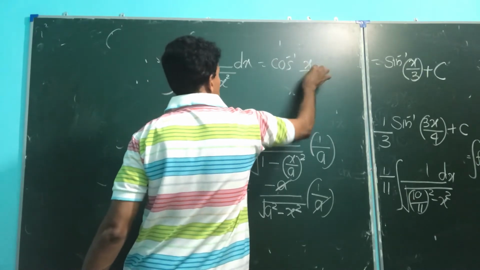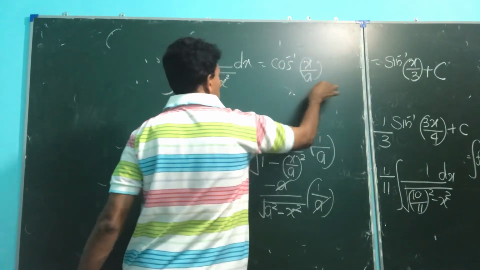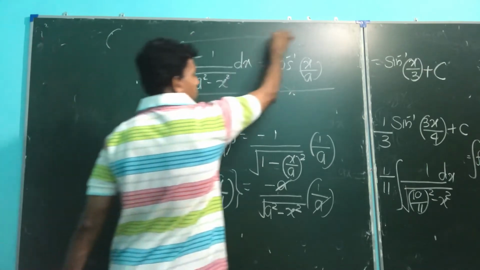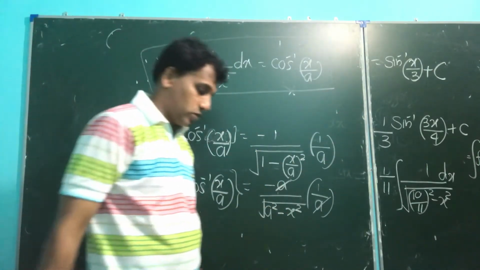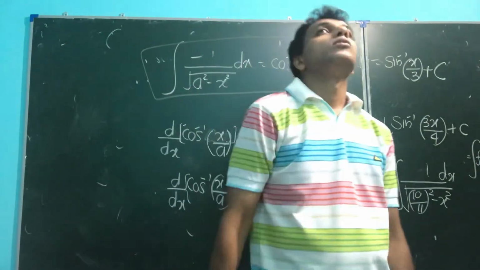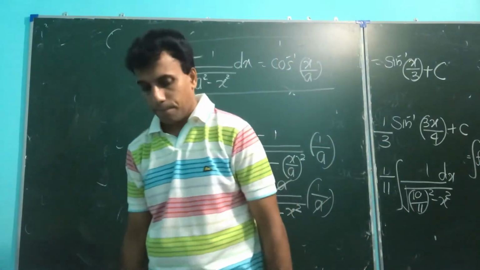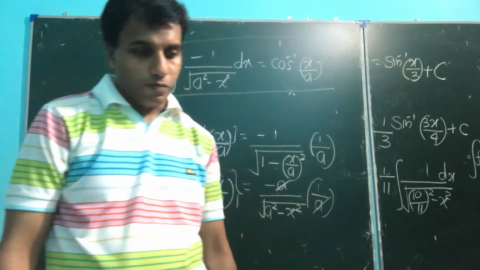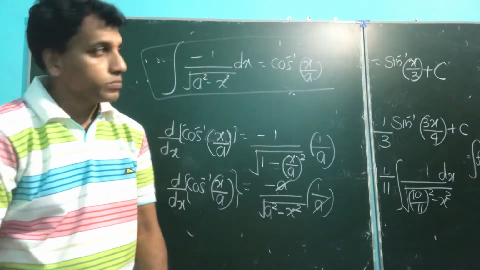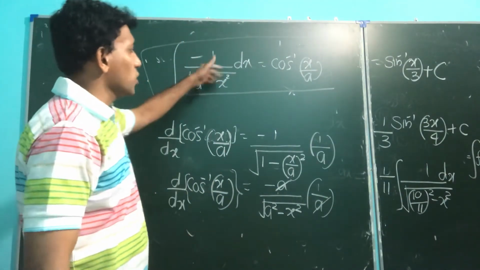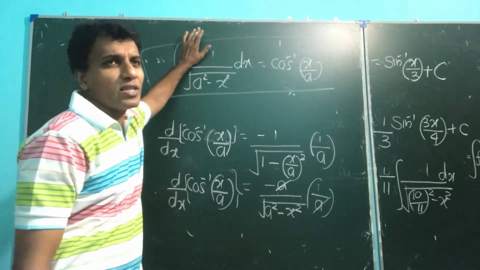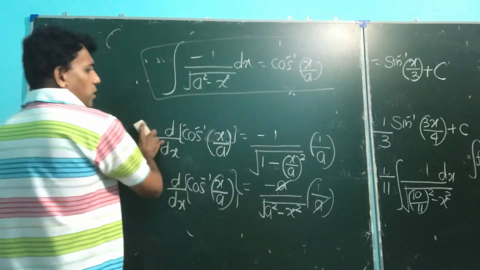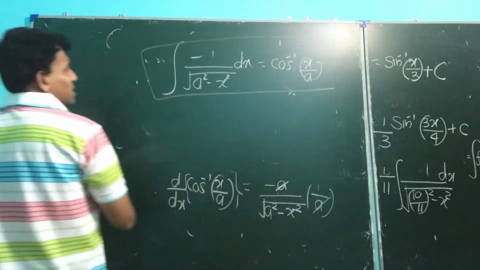Cos inverse x over a is the answer. So the minus comes only with cos inverse, otherwise no minus means sine inverse, right?